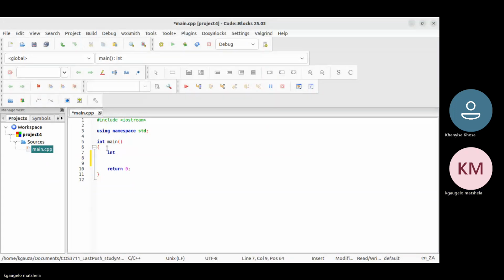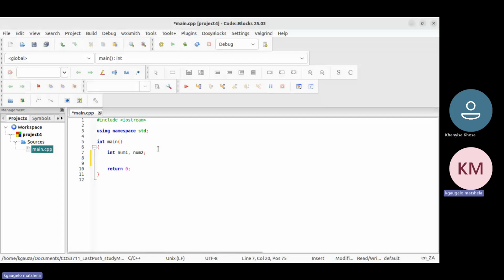perform those calculations. So I'm just going to say num1 and num2. So are you comfortable with this declaration of the variables where I declare everything on the same line? Yes.